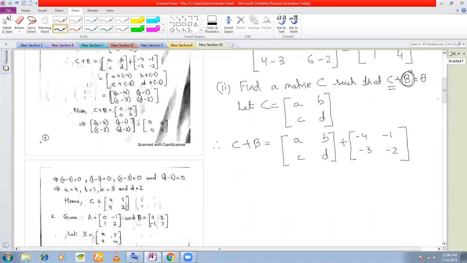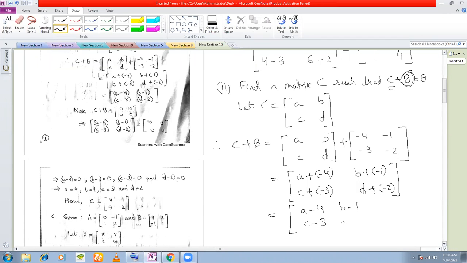So if you add these, how much will you get? A plus -4, you get b plus -1, you get c plus -3, and you get d plus -2. So simply you get a minus 4, b minus 1, c minus 3, and d minus 2. So this is B plus C.